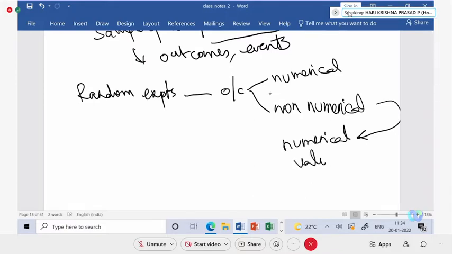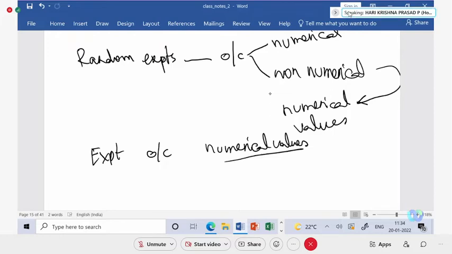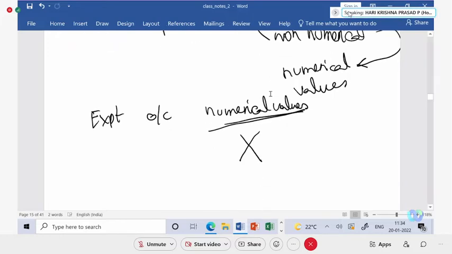Okay, by some rule, we assign numerical values to the outcomes of the experiment. So what is the scenario now? I have the experiment, I have outcomes, I have numerical values. Okay, so the set of all these numerical values are represented by a random variable capital X.